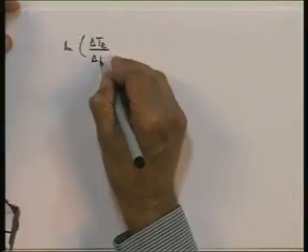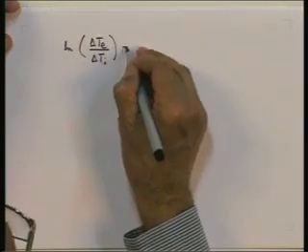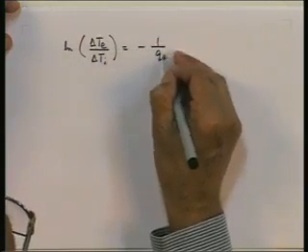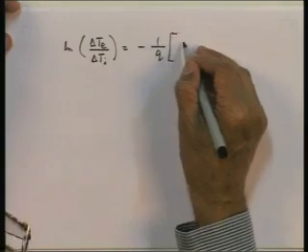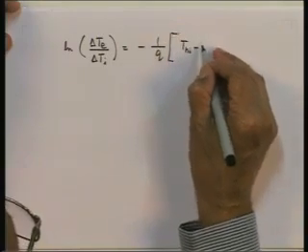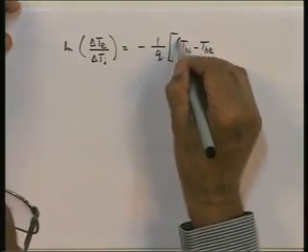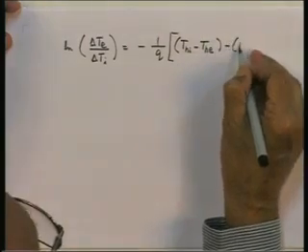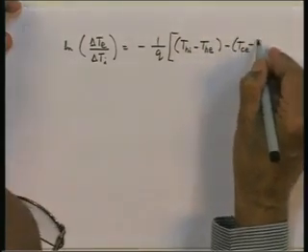Therefore, we can write further this log to the base e of delta T e by delta T i is equal to minus 1 upon q into bracket Th i minus Th e minus Tc e minus Tc i.